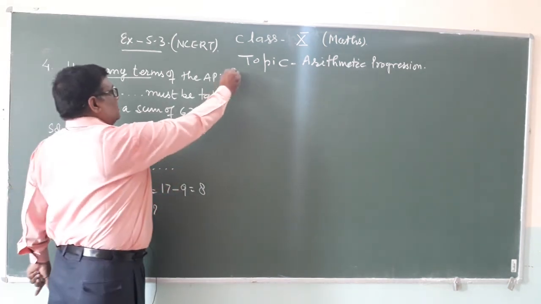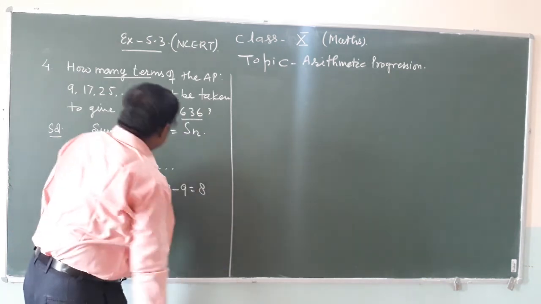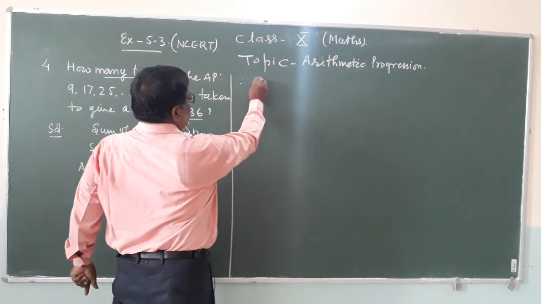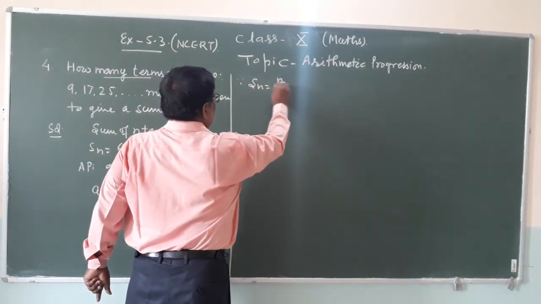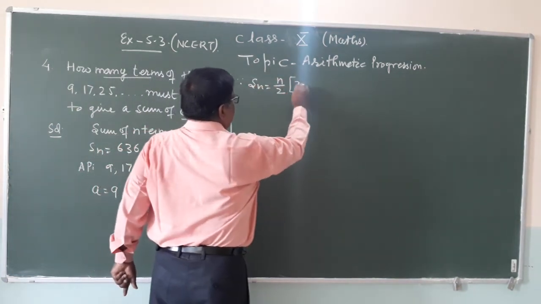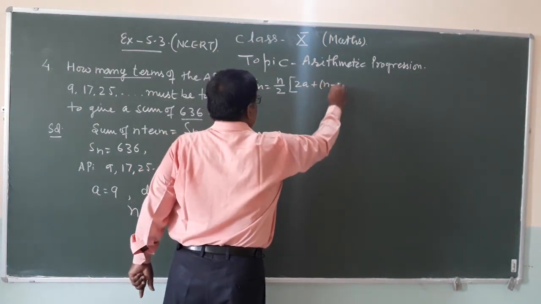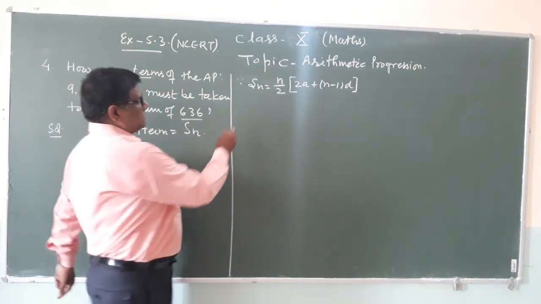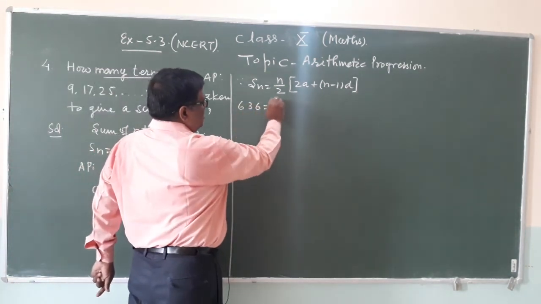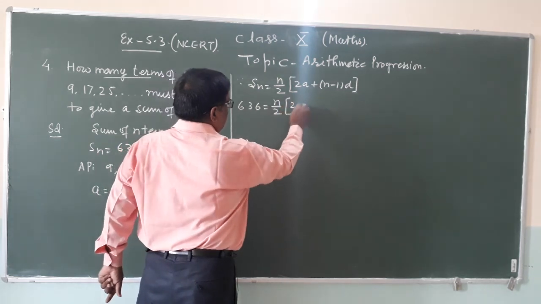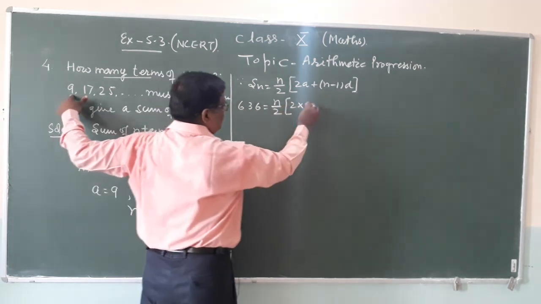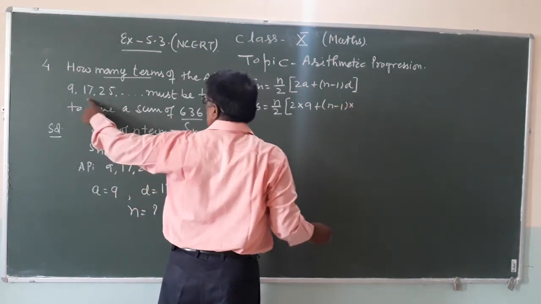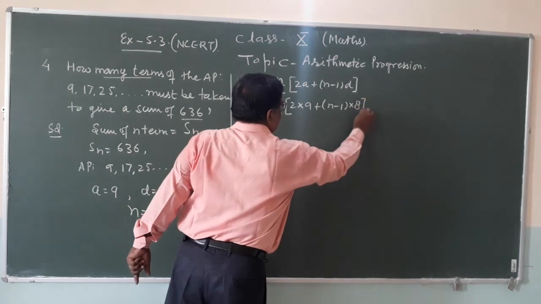Now we can use the formula: the sum of n terms, Sn, is equal to n by 2 into (2a plus (n minus 1) into d). Put Sn equal to 636, which equals n by 2 into (2 into 9 plus (n minus 1) into 8, which is d).